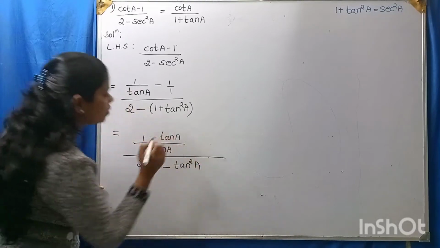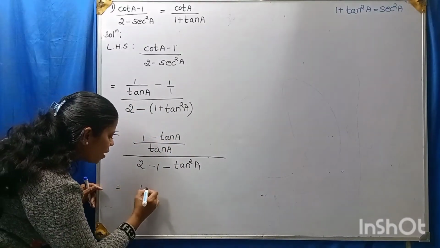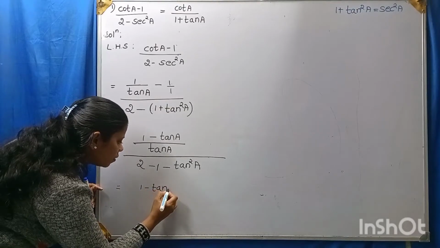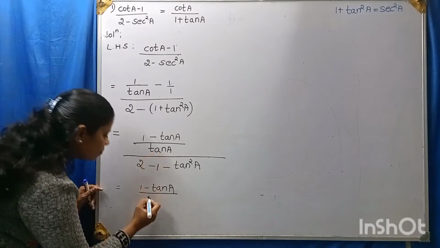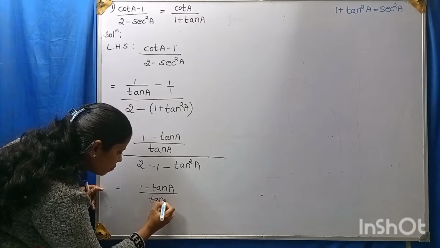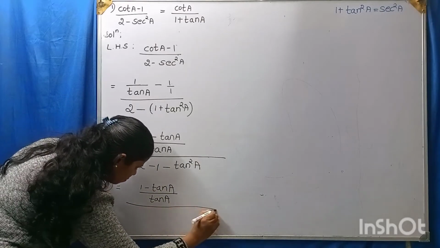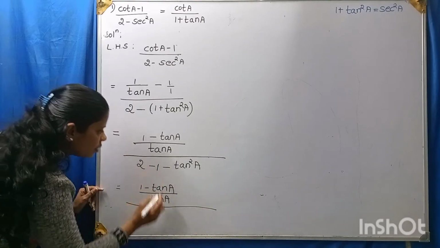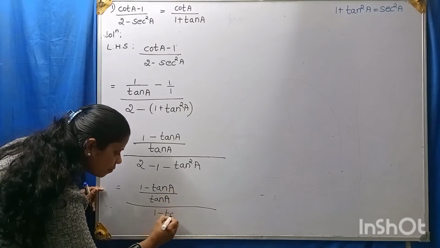Tan square A. Then it will become (1 minus tan A) divided by tan A. Whole divided by 2 minus 1 is 1 minus tan square A.